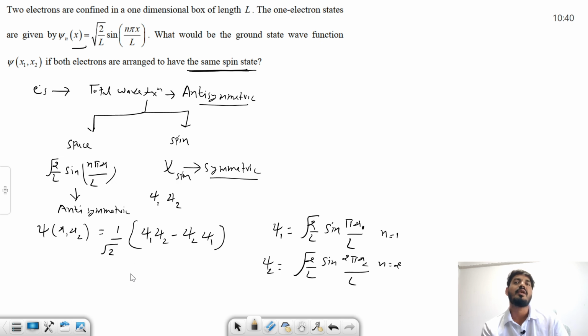Okay, so this is how you can find out the wave function. So आप देखिए पूरा का पूरा सिर्फ कॉन्सेप्ट है इस क्वेश्चन में. फाइन. ओके, लेट्स सी द नेक्स्ट क्वेश्चन.